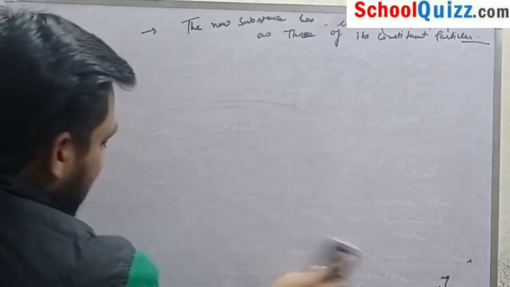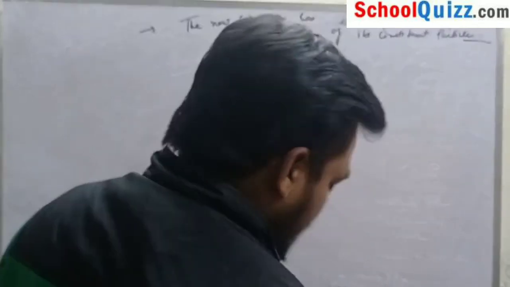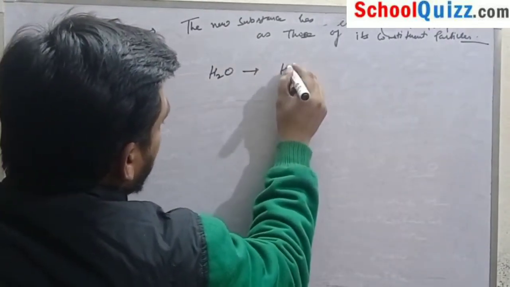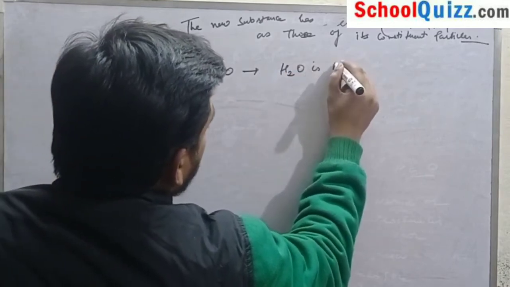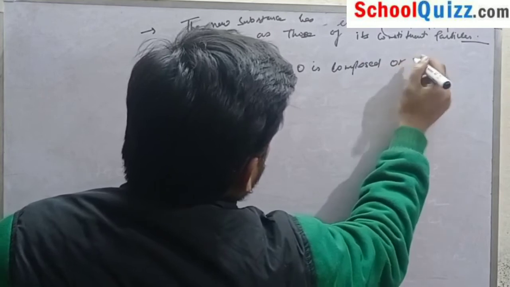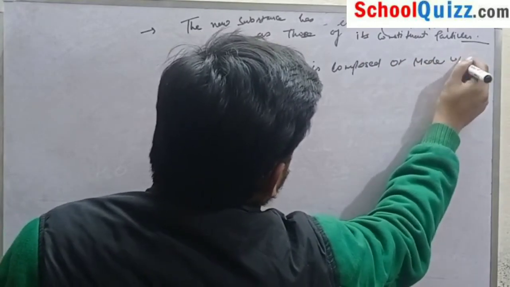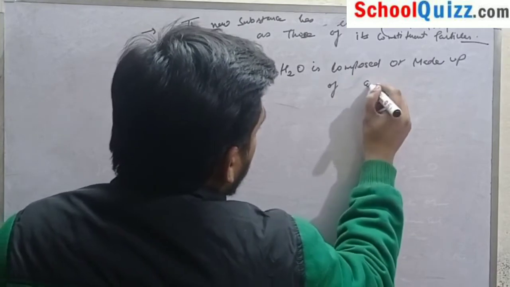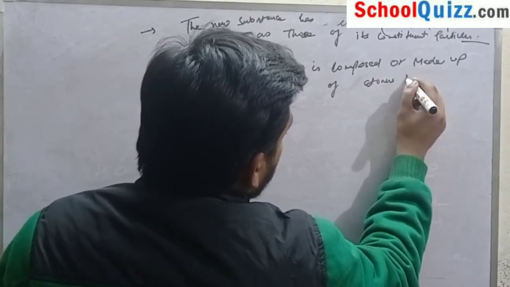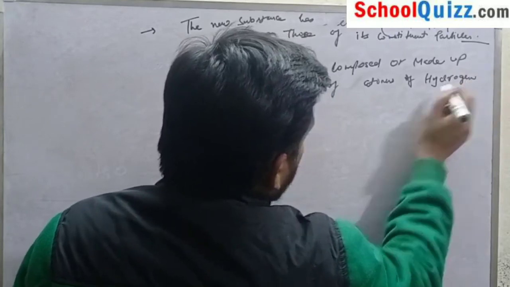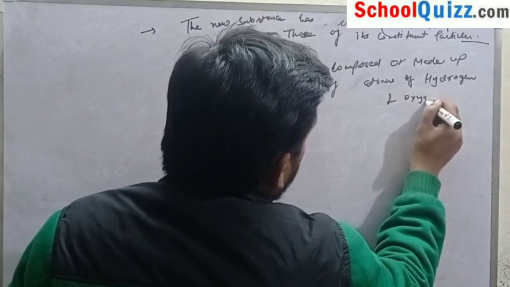The first one is water. Water is made up of atoms of hydrogen and oxygen.